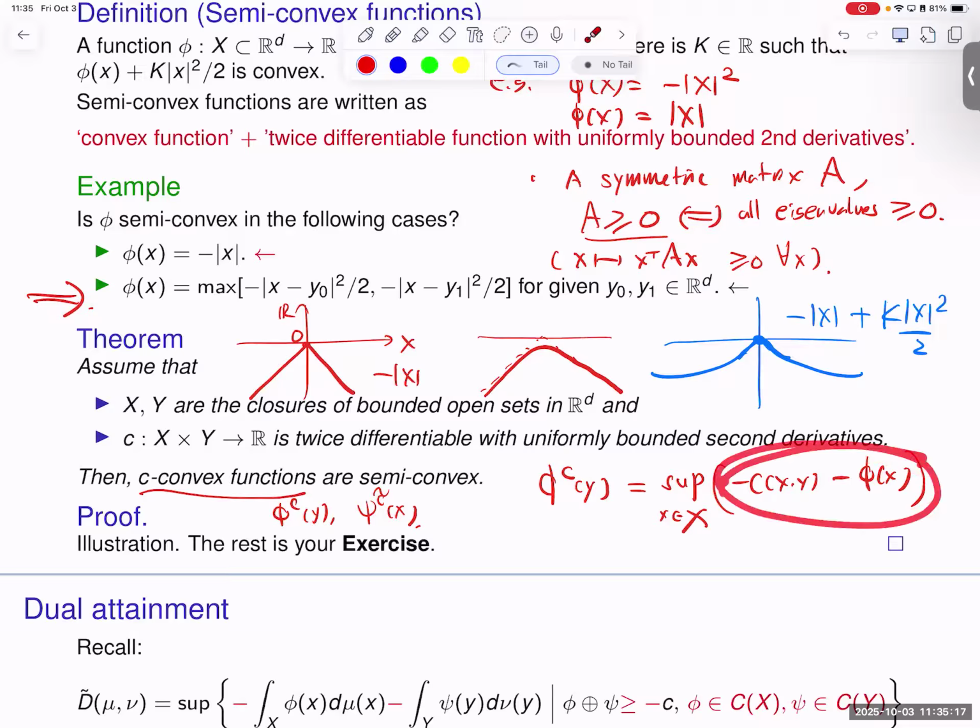Each of these, and then for each of these, you can just add this function of y on both sides.